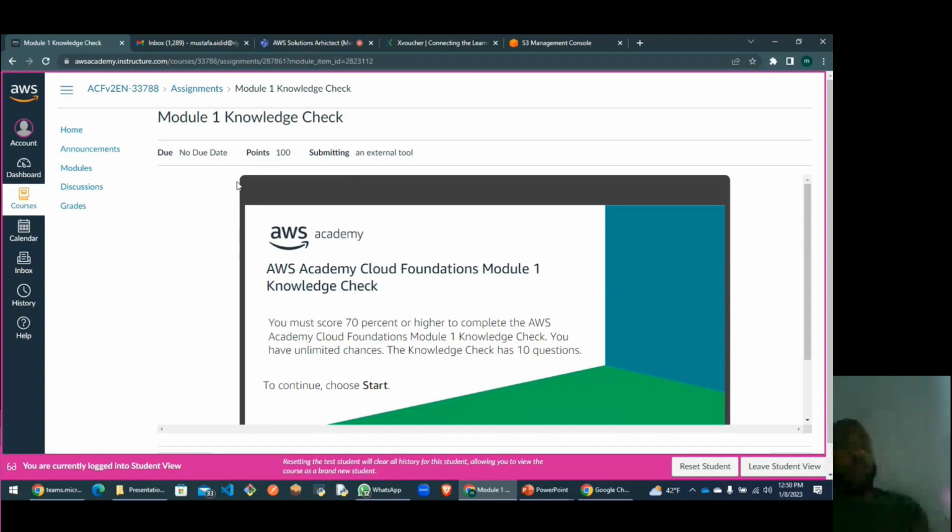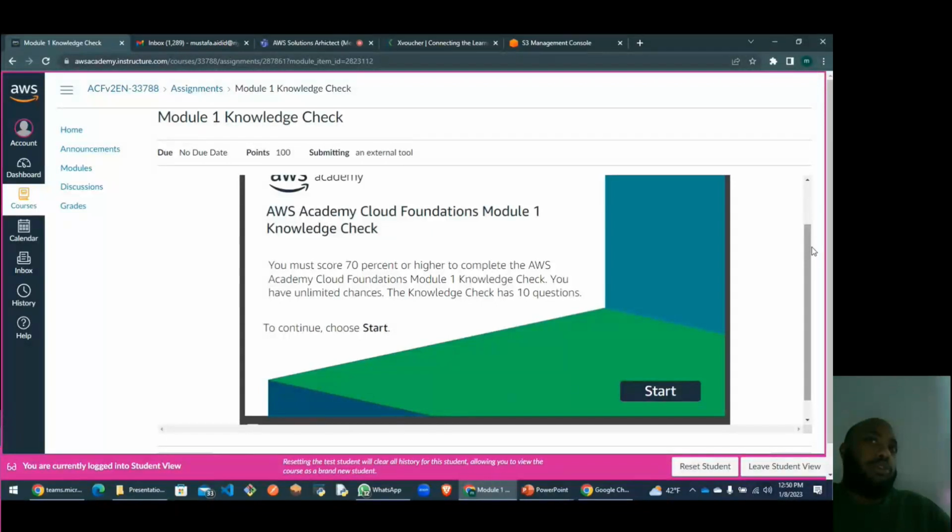Then we understand how people are doing in the class and where we should focus more, or what we should not focus more on. This will also help you know how well you're doing in class. So please go through the module knowledge check. It's just 10 questions. Once you take them, we will see how every student is doing in the class.